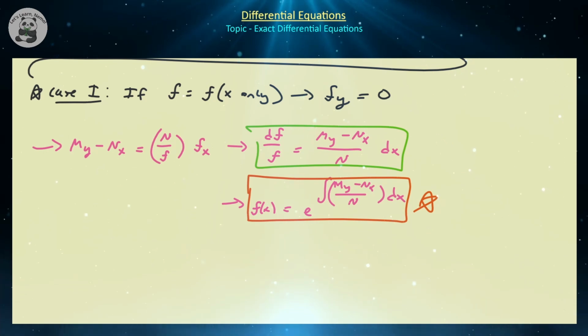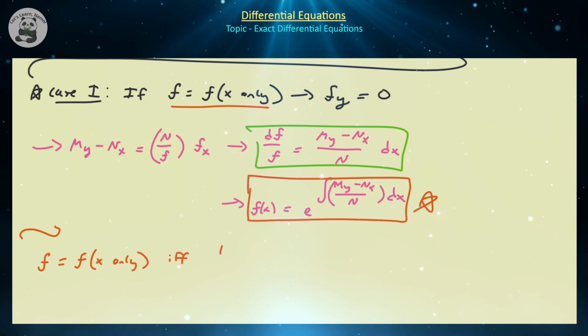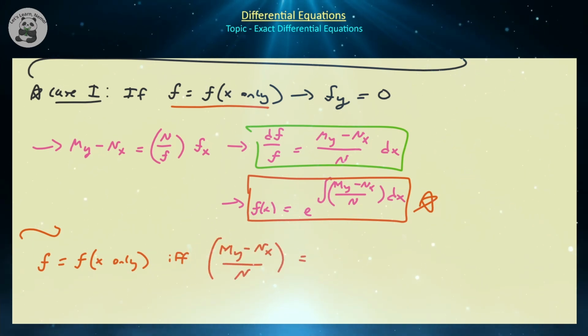But how do we know if f is a function of x only if we don't know what f is? Keep in mind, from this relation we can get the following statement. So f is a function of x only if and only if my minus nx over n is a function of x only.